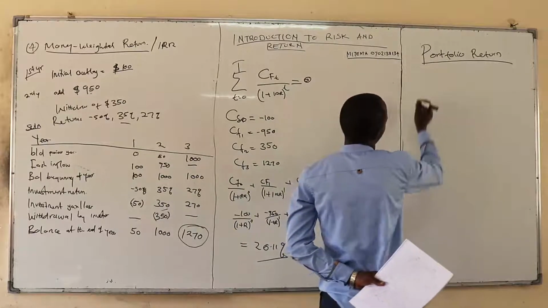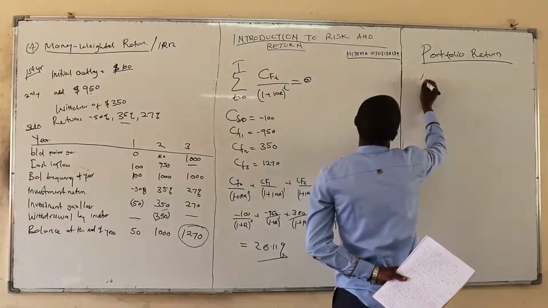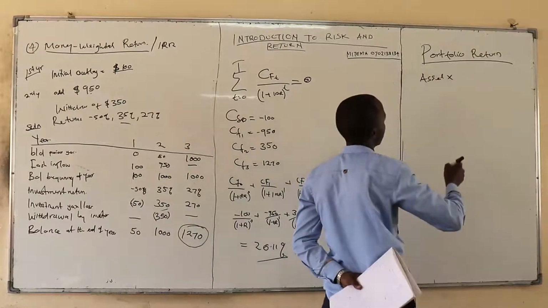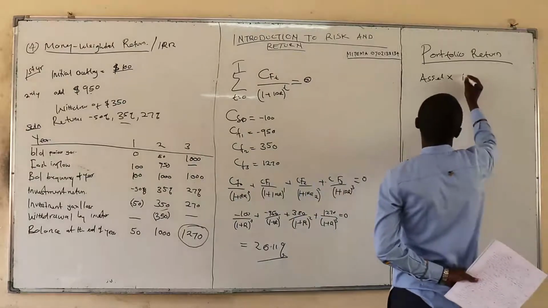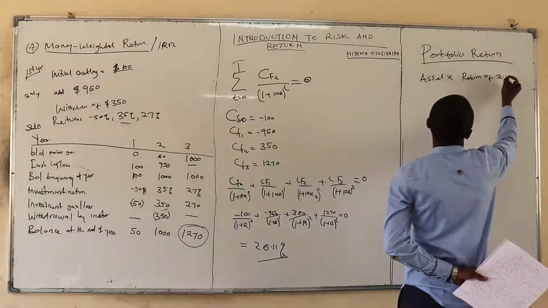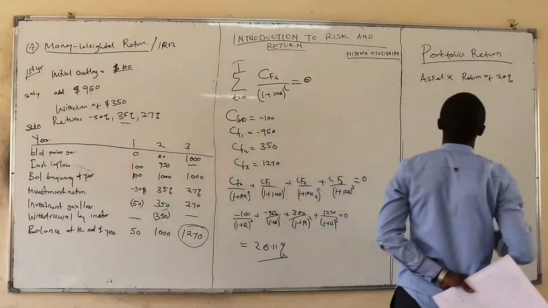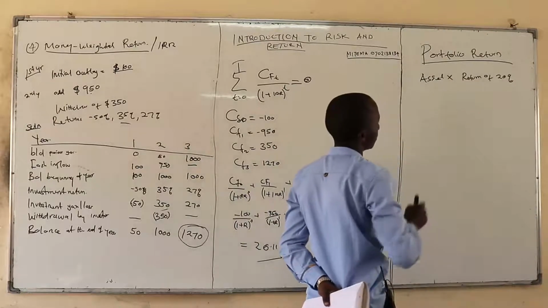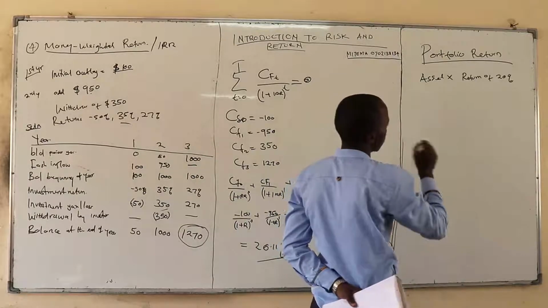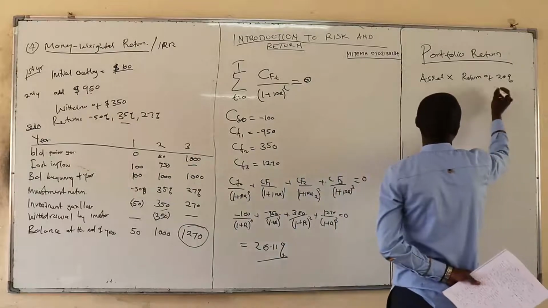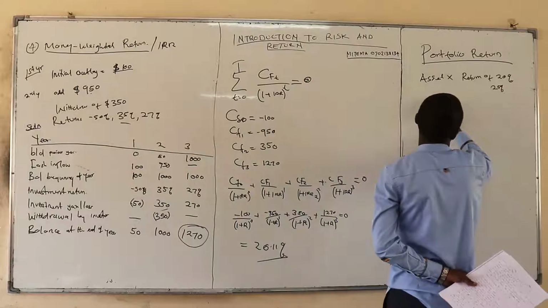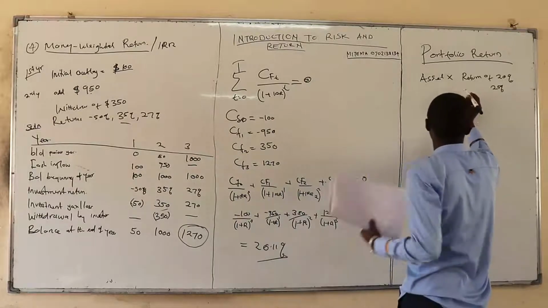Now you say that asset X has a return of 20%, and the same asset constitutes 25% of the total portfolio.